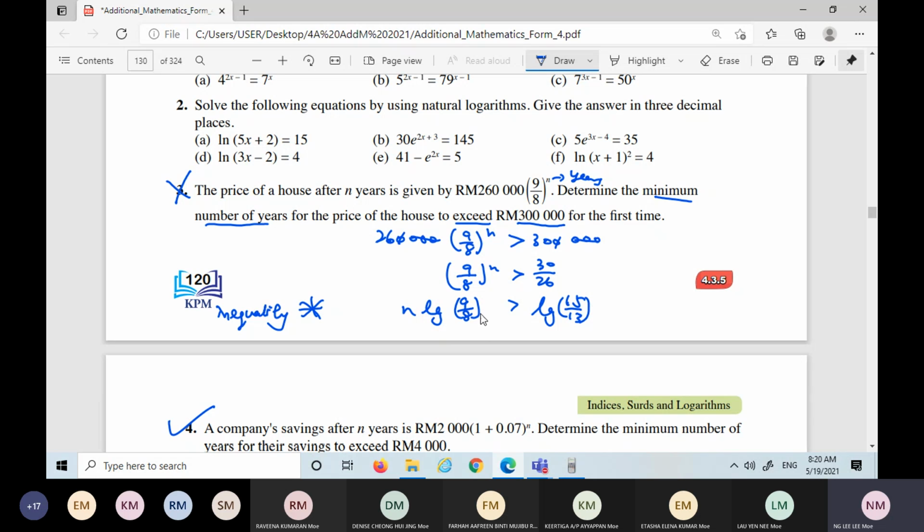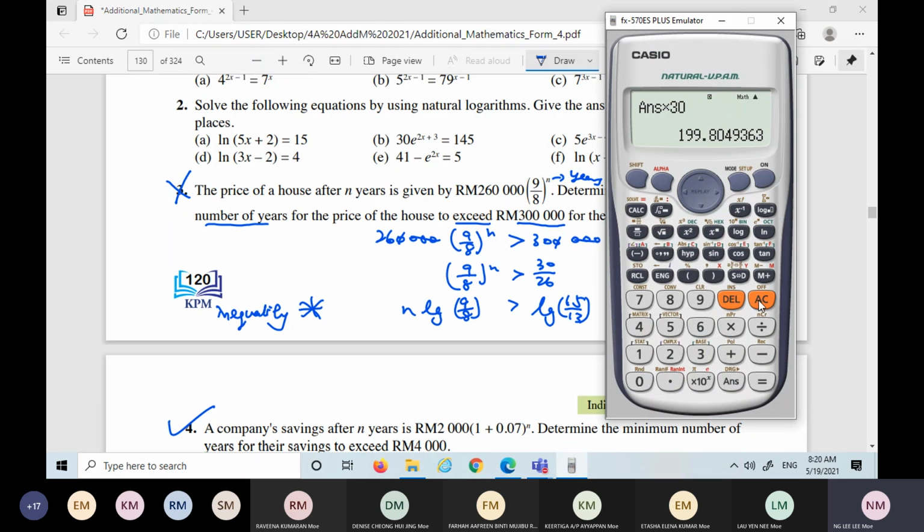If it is negative, then when you move it to the other side, remember to change the direction of the inequality. Now press the calculator first, get the log 9 over 8, and see whether it's positive or negative.